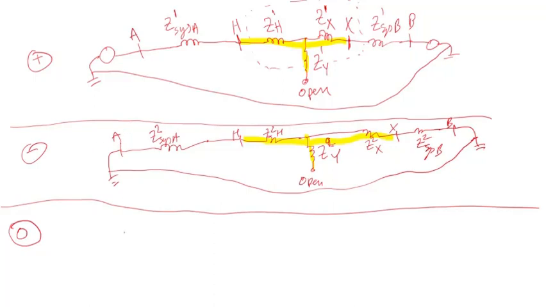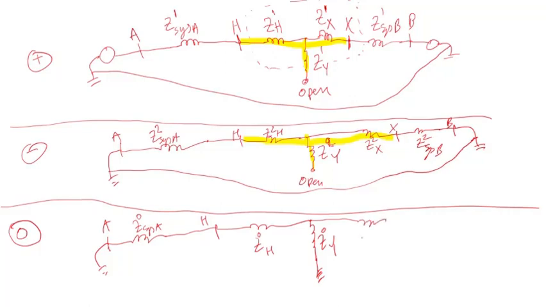So again, the zero sequence impedance. So here's A. We know there's a ground here. So zero sequence impedance of system A. So I'm going to do H. So you have Z0H. Then in this case, Z0Y, basically it's connected to ground, because the tertiary will be in the circuit.